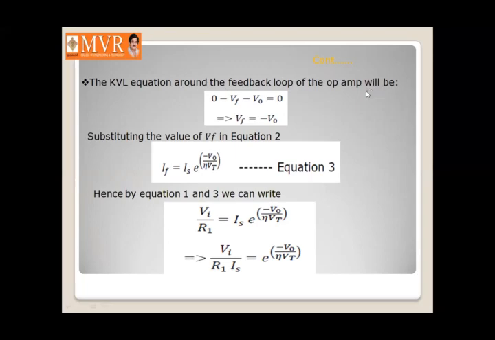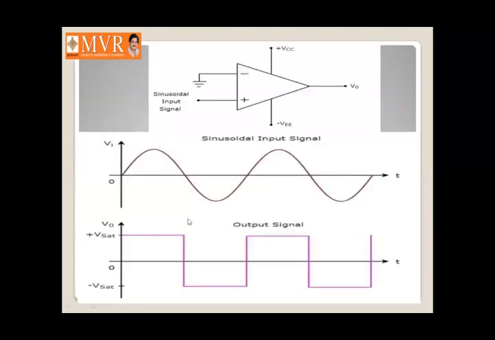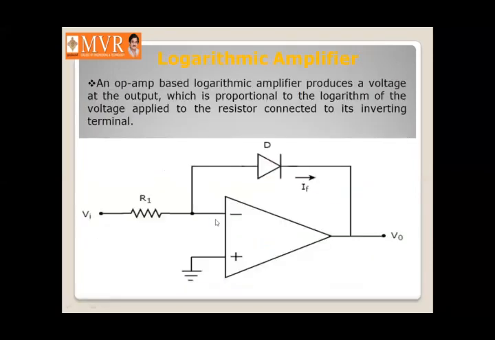As we know, the voltage at the inverting terminal is 0. Here the voltage at the inverting terminal is 0. So we are going to write the KVL around this loop.